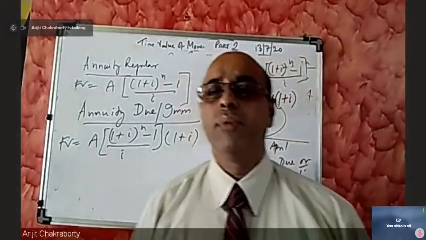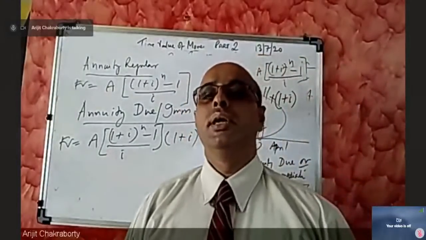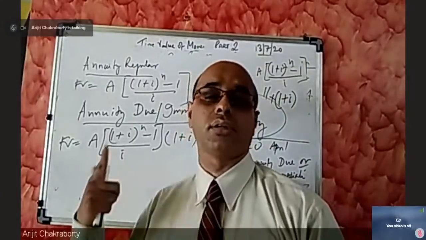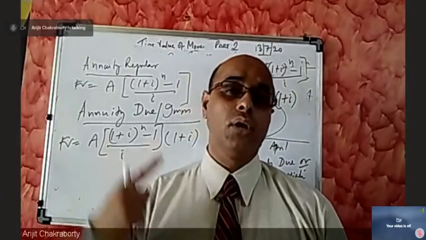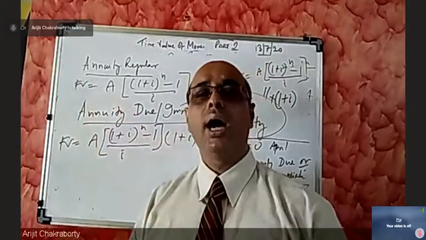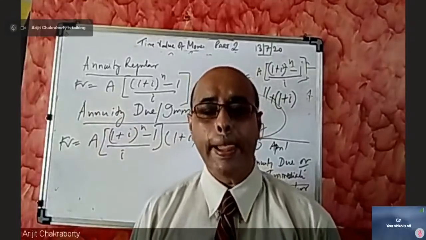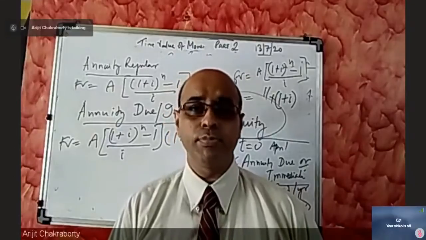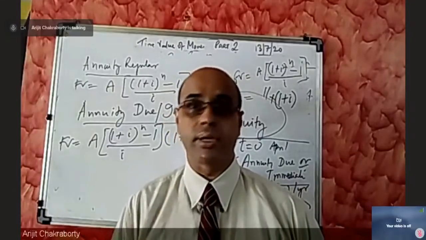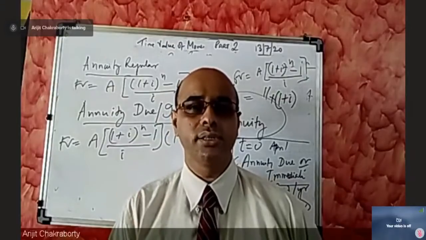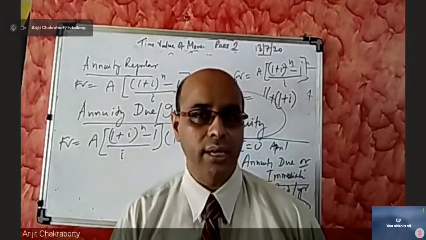As I said, wherever there are shortcuts, I am trying to update you with them, like the calculator shortcuts. I talked about the rule of 72, rule of 114, rule of 144. I also proved how the rule of 72 becomes handy and gives you an approximate result. For quick calculations, it may not be 100% accurate, but it is 95% accurate. It gives you quick answers for ready-made calculations.